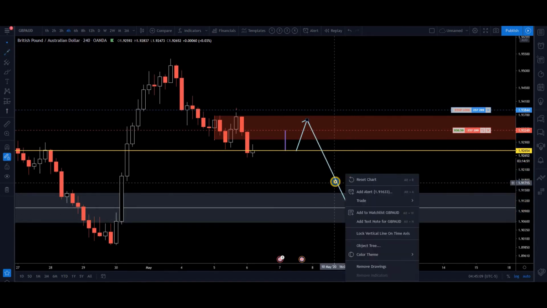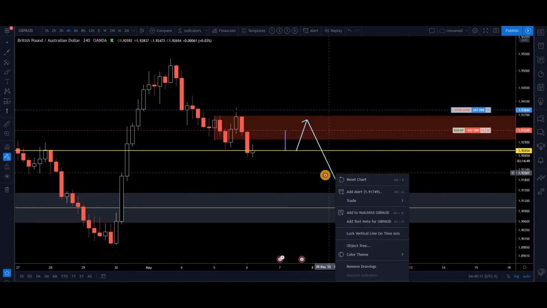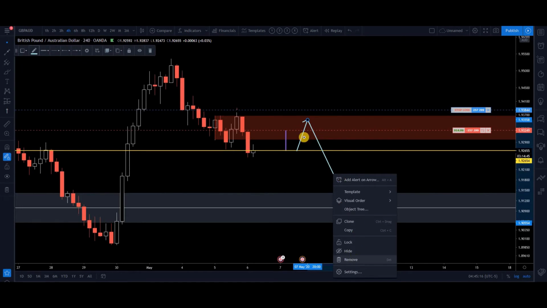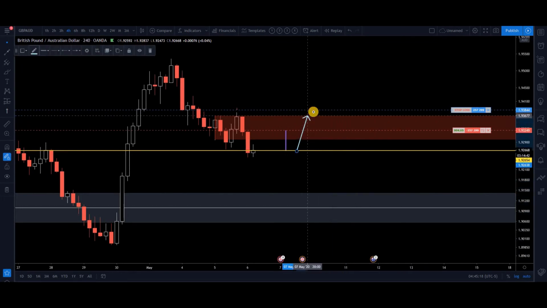Now, should price continue to move against us and actually go to our stop loss, that will be a loss. That loss is going to be the same as the profit that we took earlier, thus resulting in a break-even trade.